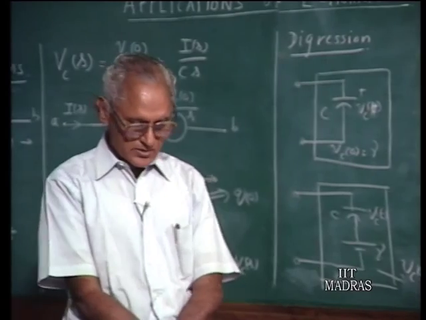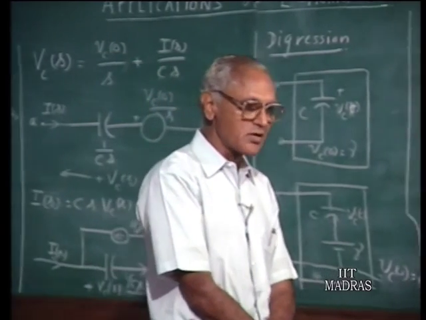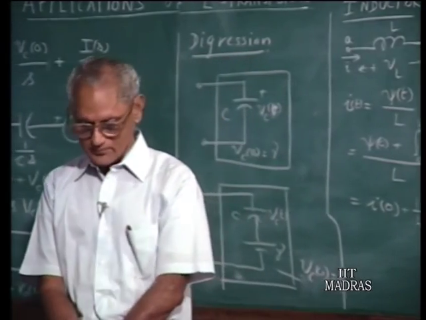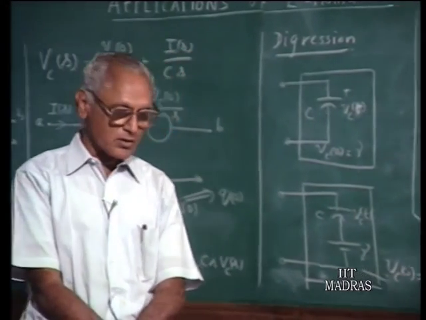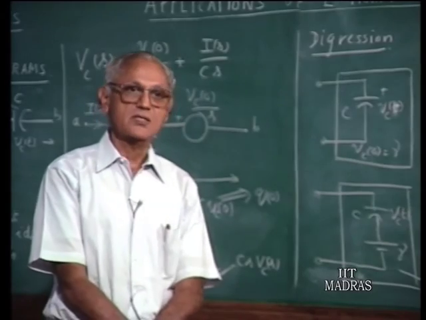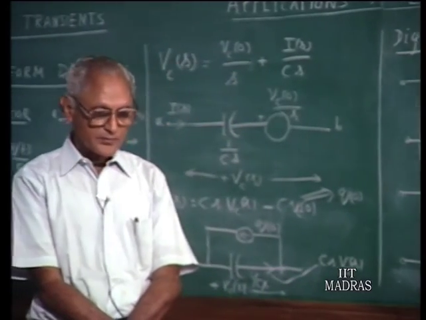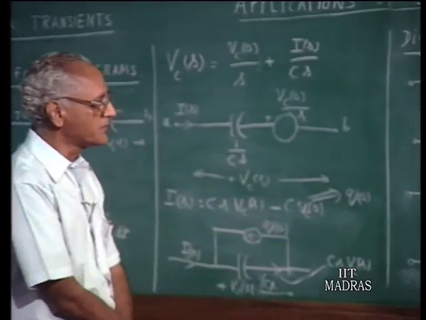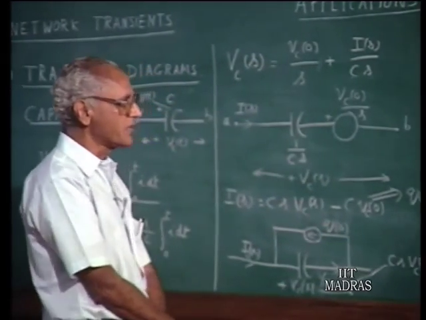But here we are thinking of excitation functions of the type e power st. Therefore, it is not surprising that we land on impedance functions generalized as 1 over Cs and Ls respectively. So this is a generalization of the impedance that we use in AC circuit analysis.